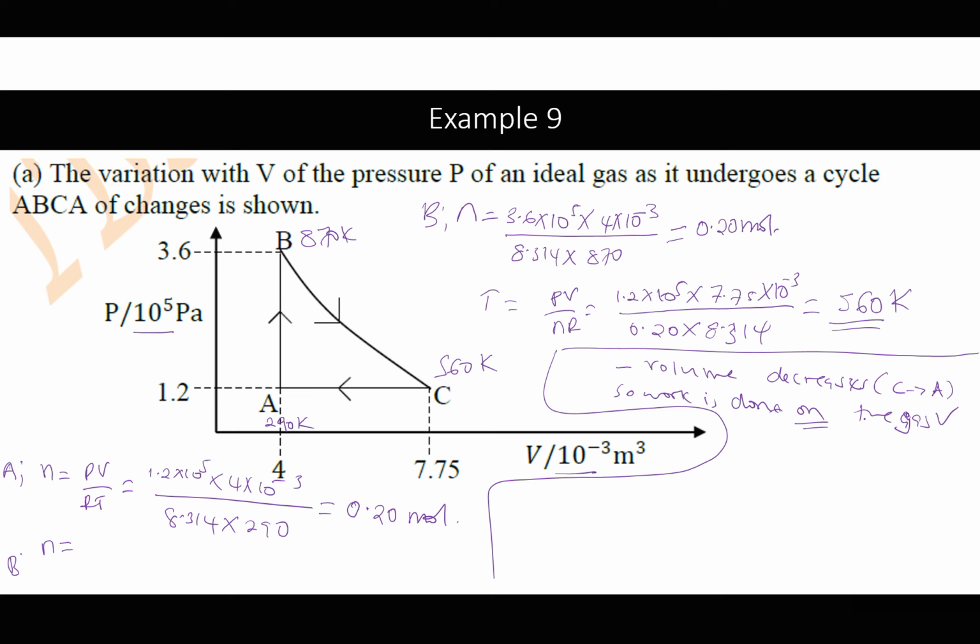Number two, they said explain why the change from C to A involves external work and a change in internal energy. There is also a change in internal energy because at C the temperature is 560, at A the temperature is 290. So the temperature decreases.